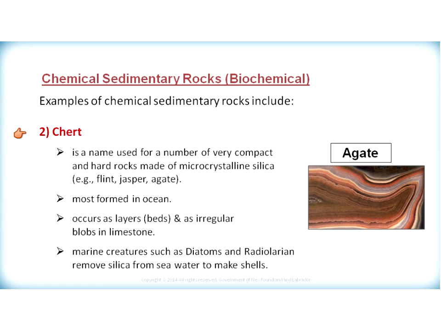The second example of a biochemical sedimentary rock will be a rock called chert. Chert is a name given for a number of very compact and hard rocks made from microcrystalline silica. For example, chert can be in the form of flint, jasper, or agate.